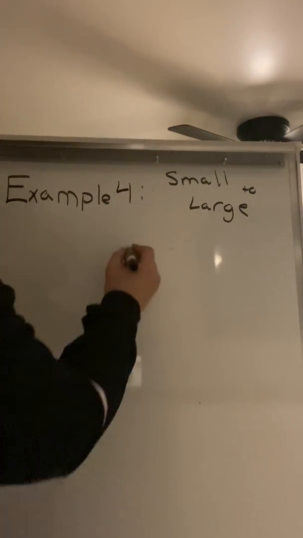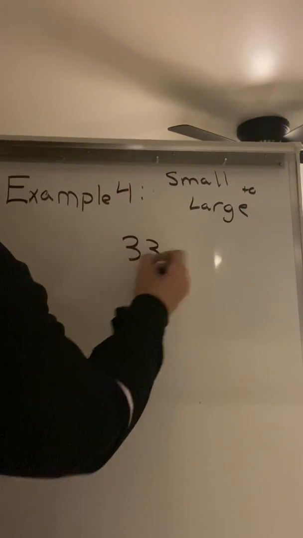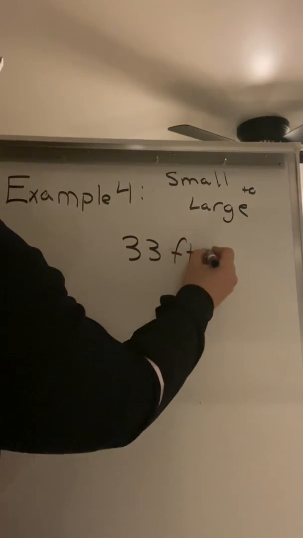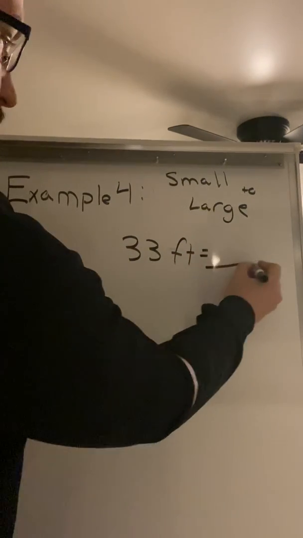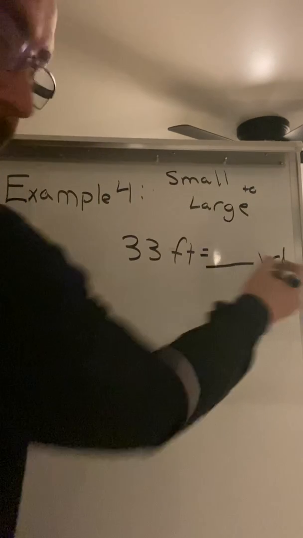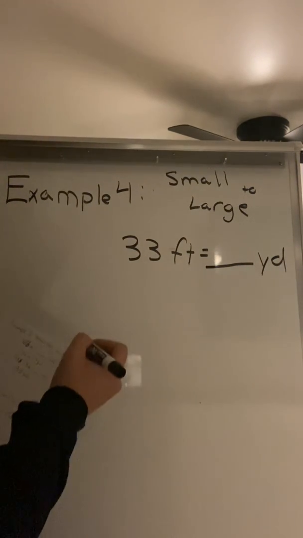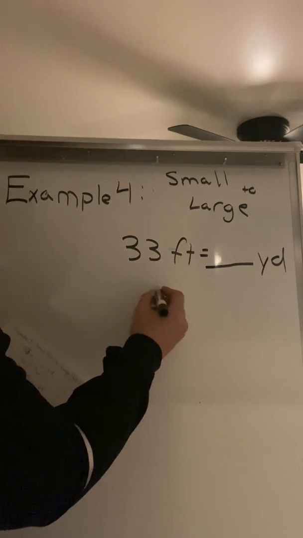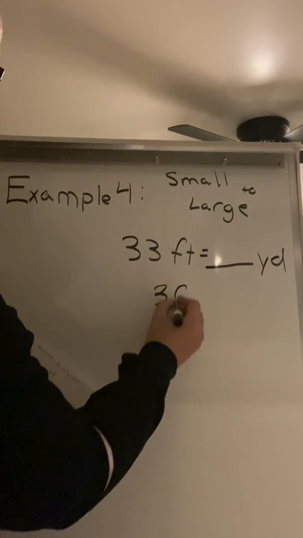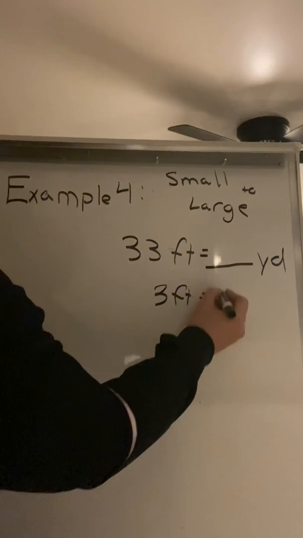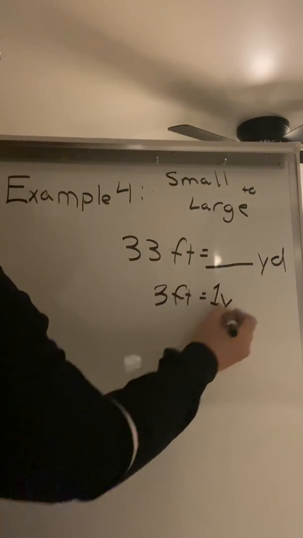So example number 4, we have 33 feet equals blank yards. So when we do 33 feet by blank yards, look, I know that 3 feet equals 1 yard.